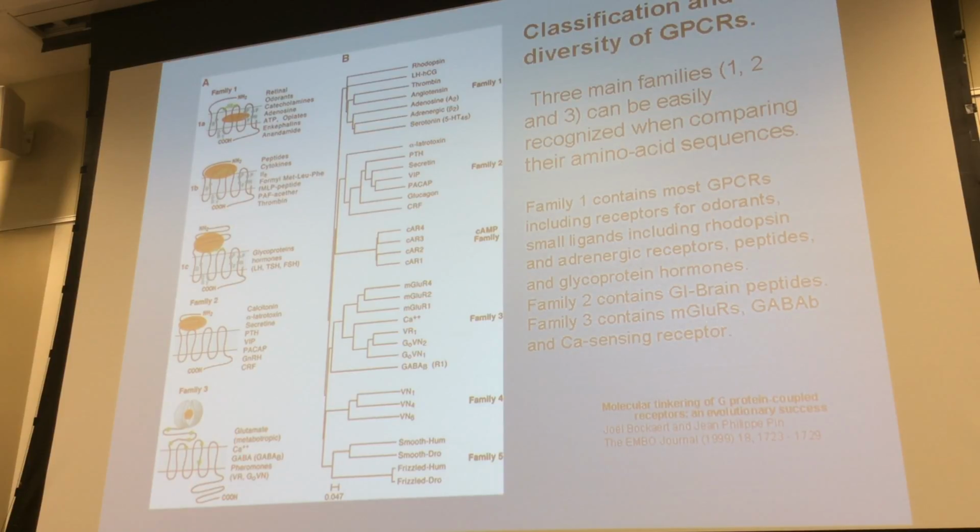And most of these receptors have a lot of allosteric influences from other kinds of triggers in the cell. So this is a family unto itself. And you can see how some of these are related to each other. Most of what we are encountering with our hormones and our neurotransmitters are probably up here in family 1.